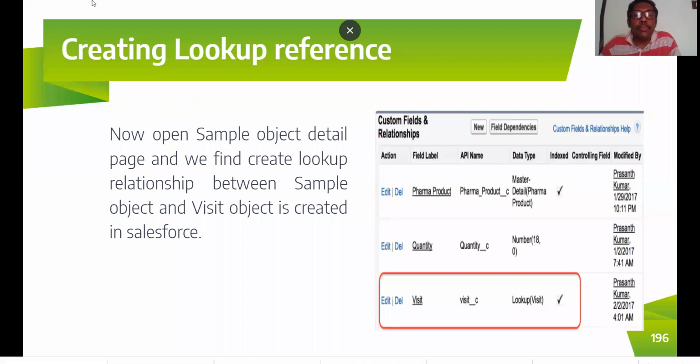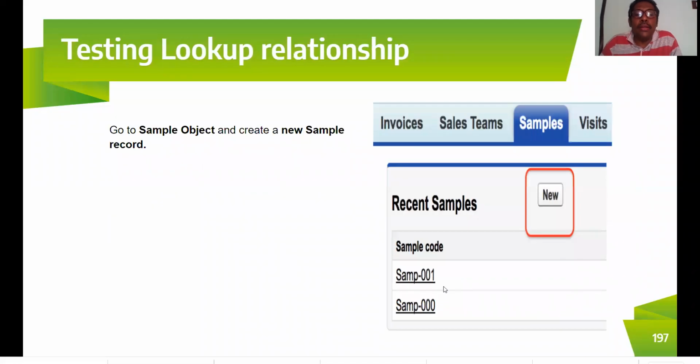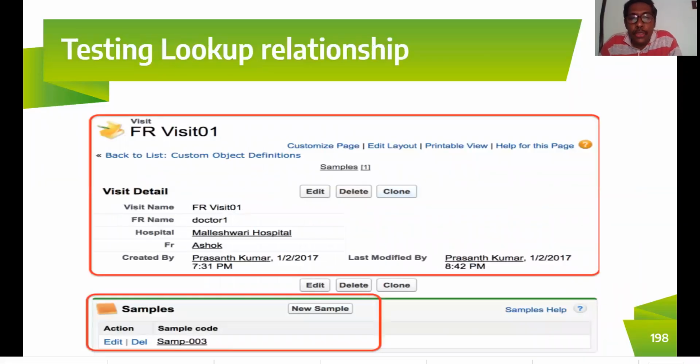So now again, we'll go back to the slide now. I already told you how to create a relationship, and we have tested it also, right? In the testing, I can go to the visit object and see the parent and child relationship. Visit is connected with the sample object. Got it?